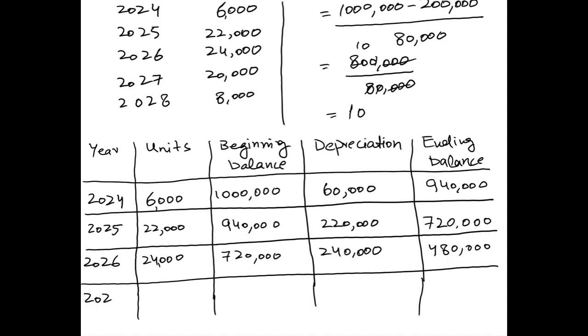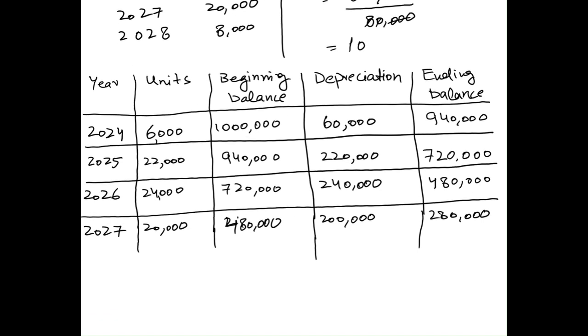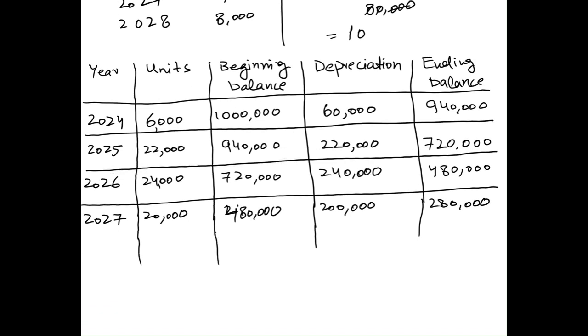In 2027, again, the number of units is 20,000. Beginning balance is 480,000. The depreciation will be 200,000. And then the ending balance will be 280,000. Extend these a little.